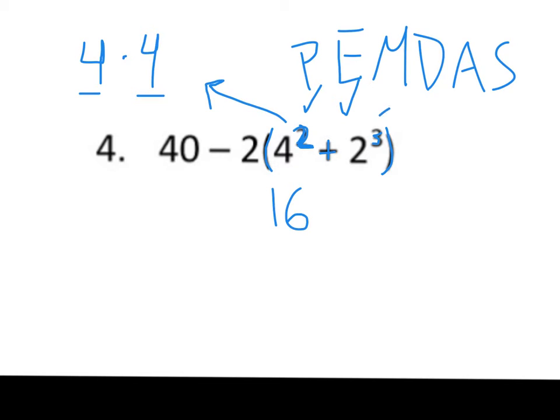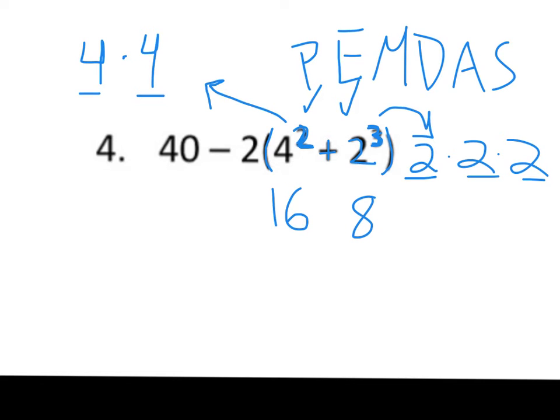And 2 to the third, 2 times itself 3 times. 2 times 2 times 2. How many 2s are there? 3. So the base is written the number of the exponent times. 1, 2, 3 is the exponent. So 2 times 2 is 4, times 2 is 8.